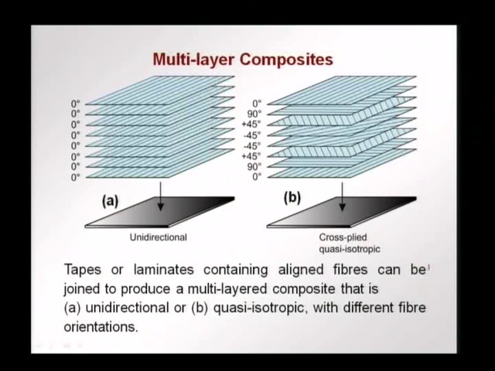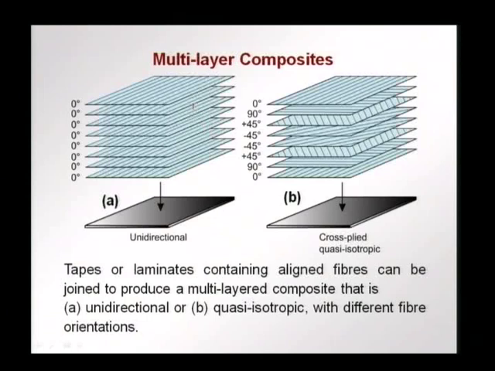A similar system is used here. You can have unidirectional composites like in the left here. These have all the fibers in the same direction, that is the 0 direction. So obviously with more fibers we will get more strength, more stiffness, and the strength and stiffness will be basically in the direction of the fibers, along this direction. That is where the highest tensile stiffness and the strength would be.